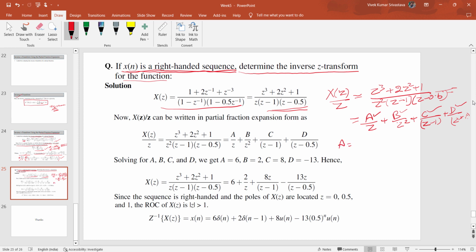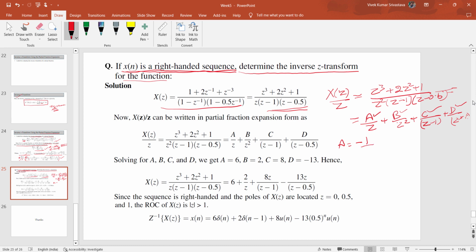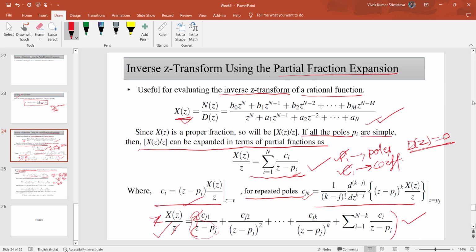So this will be equal to 1 over (2 minus 1)! into d by dz, basically because here the poles are repeated. That's why I am using the coefficient formula corresponding to repeated poles.